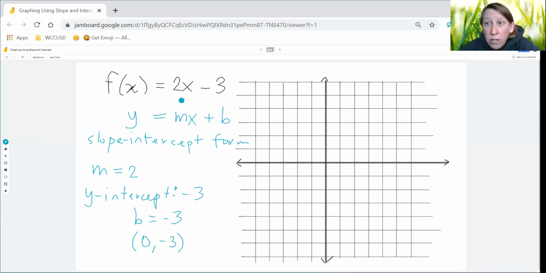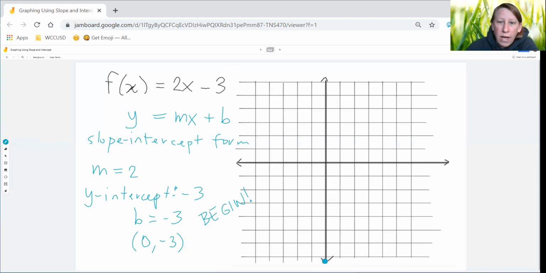So the way to graph this, I have a few little tricks to help you remember. B is the y-intercept. That is where we begin. B stands for begin. This is just a trick that I made up. It's a little strategy. So we will begin by putting the y-intercept on.